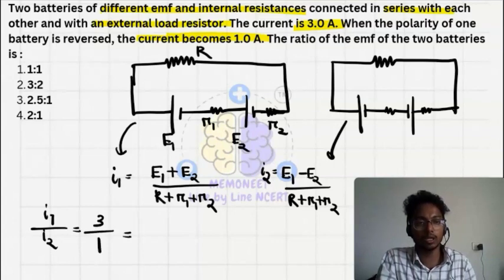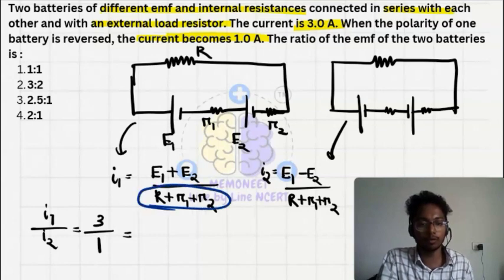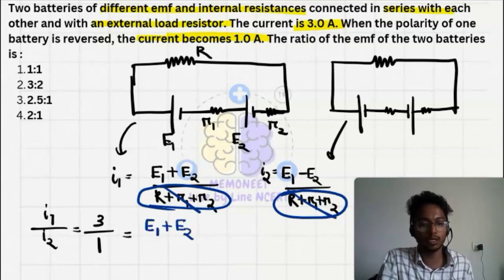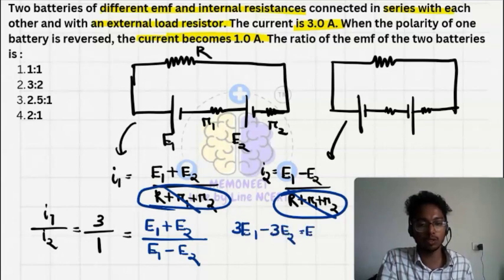Look at this, the denominator value is equal for both currents, so it will cancel as we take the ratio. So we write E1 plus E2 upon E1 minus E2. Solving this, 3 E1 minus 3 E2 is equal to E1 plus E2.